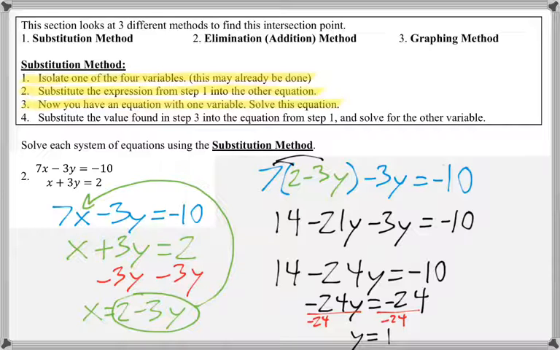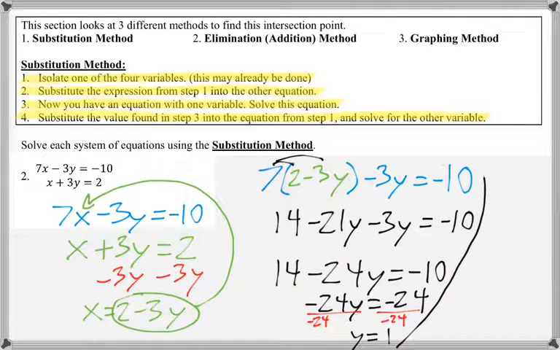Now we need to find our x value, and that is the last step here. So substitute the value found in step 3 into the equation from step 1 and solve for the other variable. So I'm plugging in y is equal to 1 into y here so that I can solve for x.